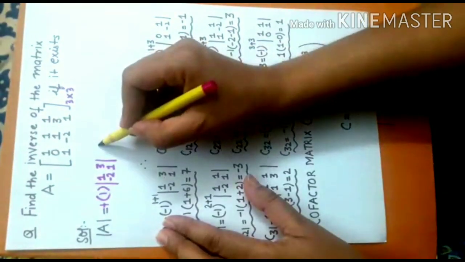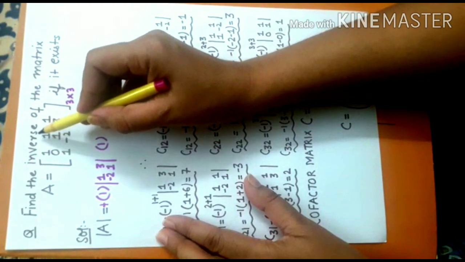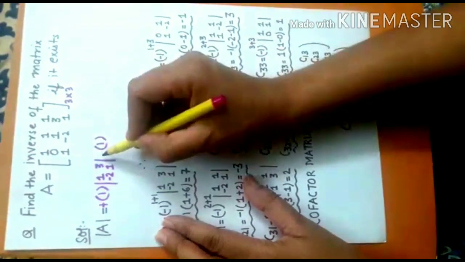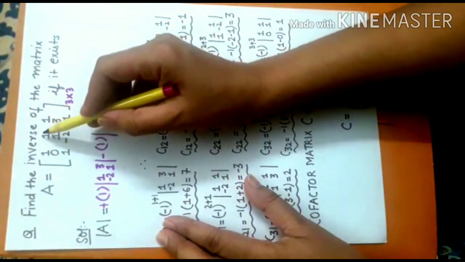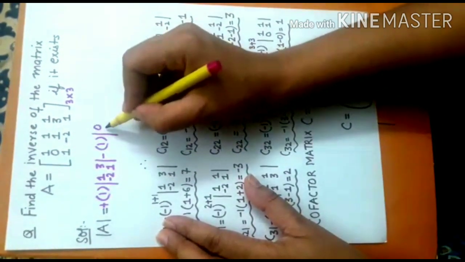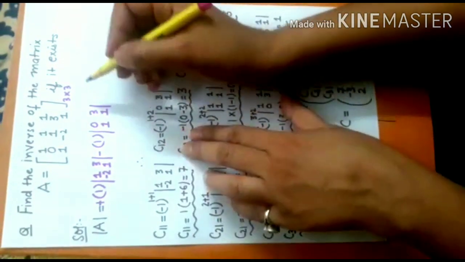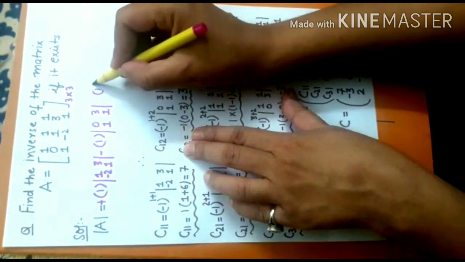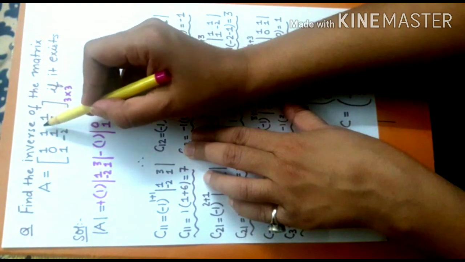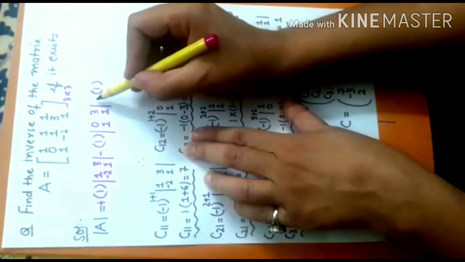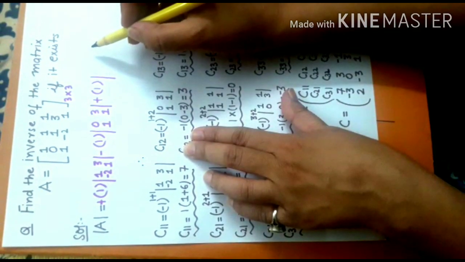Take the second element, it's 1. Its position is A12. So i plus j is 3, which is odd. So I take the negative sign. Delete the first row and the second column. So determinant of the submatrix will be given by this. Then take the third element, which is 1. Its position is A13. So here i plus j is 4, which is even. So I take here plus sign. Delete the first row and the third column.